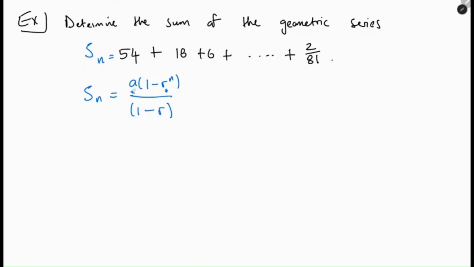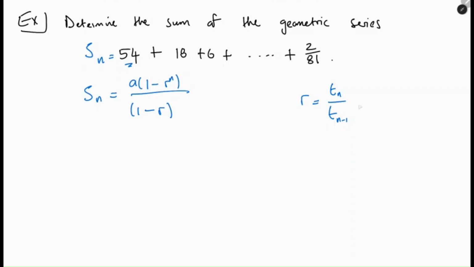Okay, so what is A? Well, A is the first term, so that's 54. R, we don't know R, so we need to calculate R. So R is equal to, for any n, Tn divided by Tn minus 1.